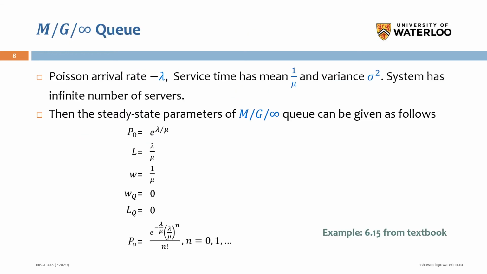Okay. So here we have the last model in this chapter, which is M/G/infinity. The arrival is based on a Poisson process with the parameter lambda.